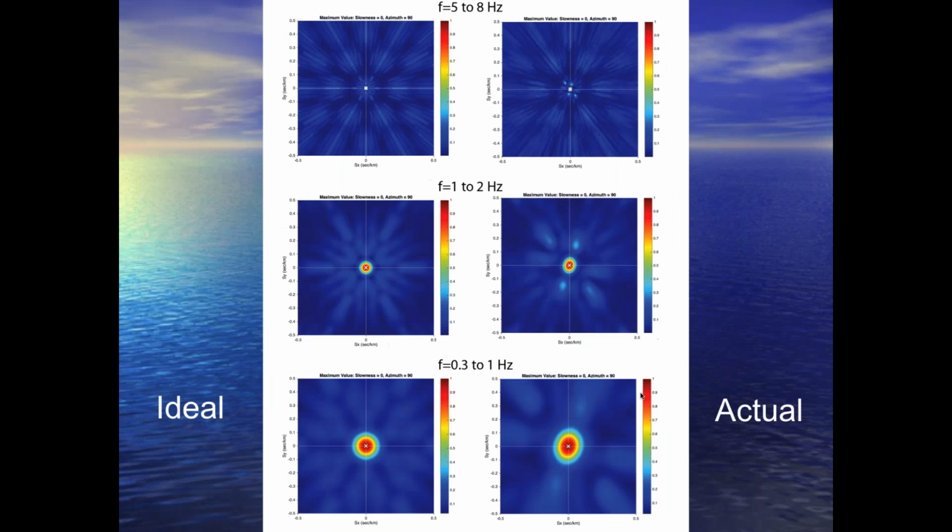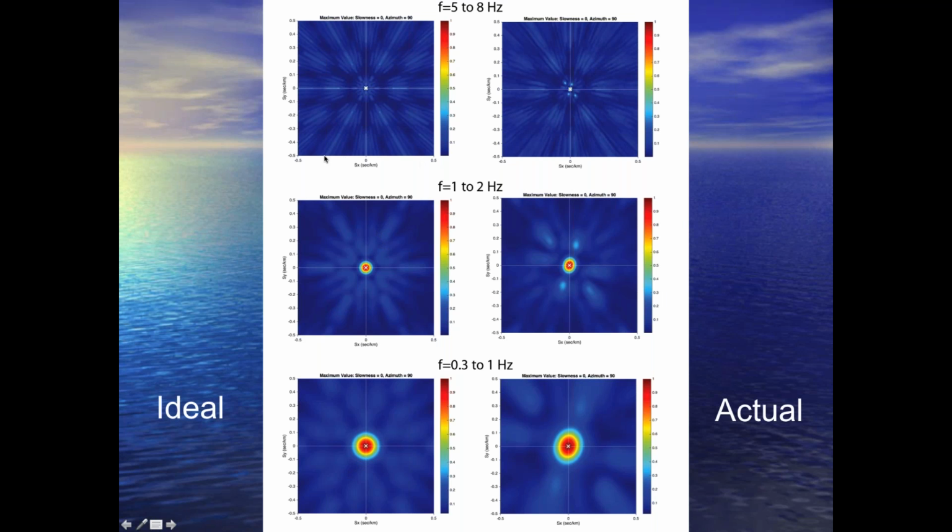Well, if we look at the broadband frequency wavenumber spectrum, these are plots in three frequency bands: low frequency of 0.3 to 1 hertz, 1 to 2 hertz, and 5 to 8 hertz. You can see the response to a vertical traveling plane wave with this frequency content. The ideal array geometry has a very symmetric response, and it really focuses down to a point at this scale.